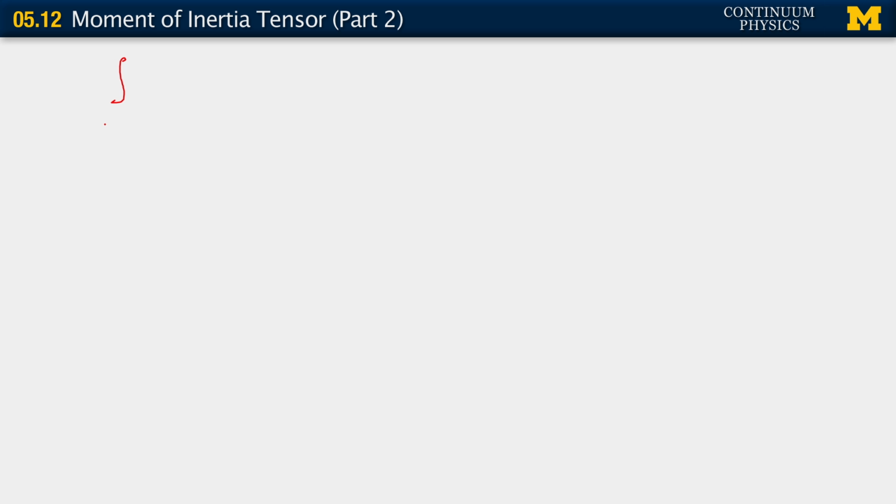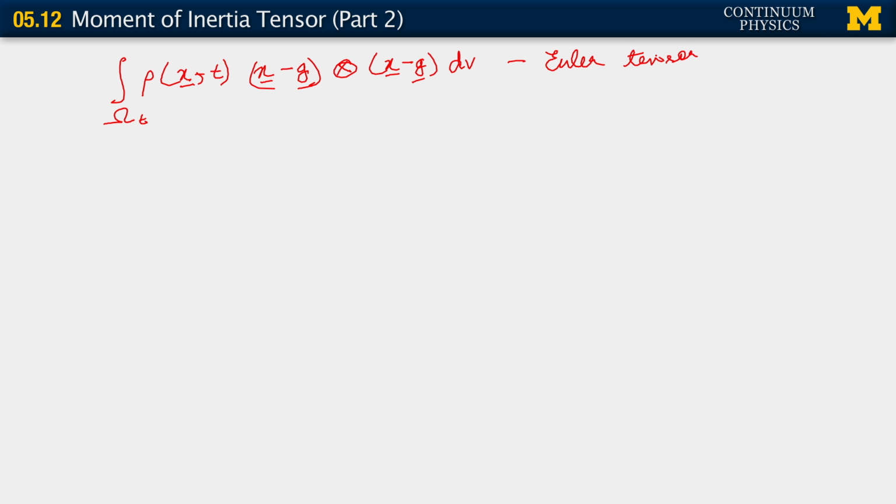Whenever we get something of the form integral over omega t rho function of x comma t, x minus g tensor x minus g dv, this thing is also called the Euler tensor. Okay, it's the Euler tensor relative to g, relative to the position of the center of mass. That's one thing to note.